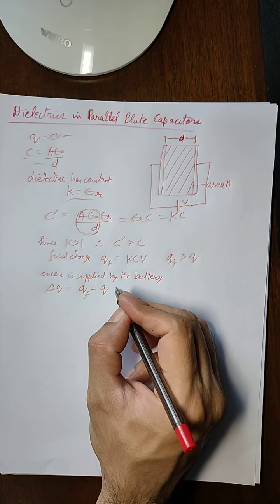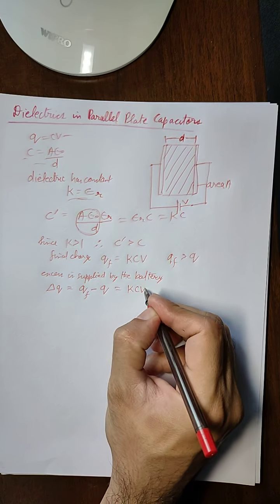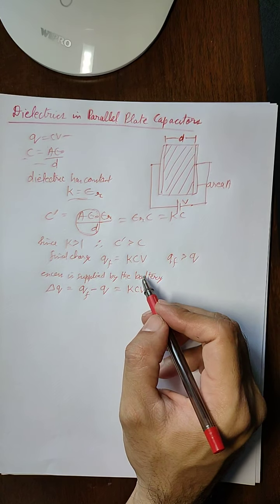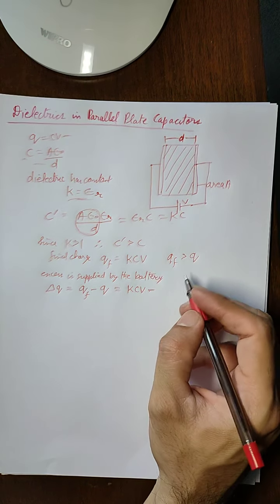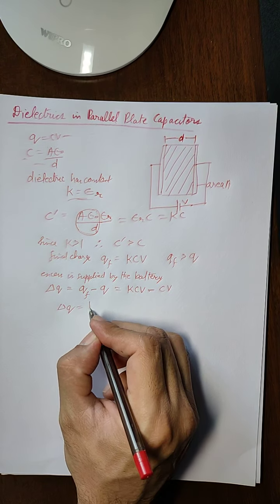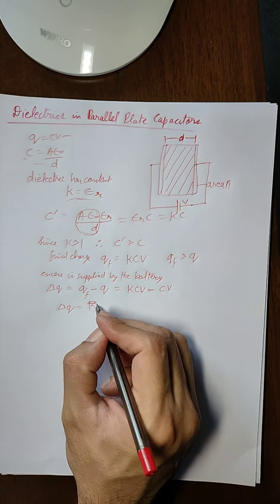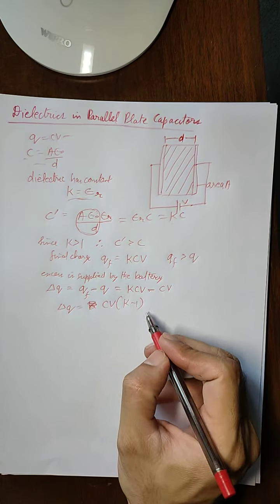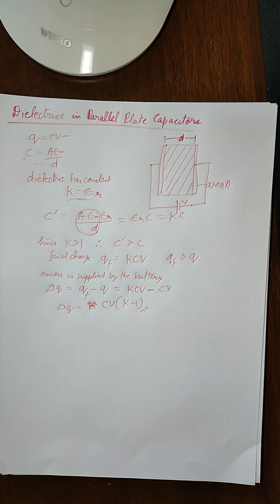Substituting the values, delta Q equals KCV minus CV. So this will be the excess charge supplied by the battery.